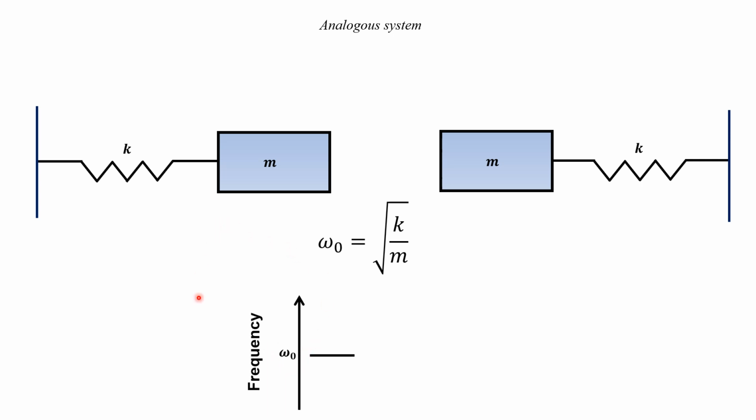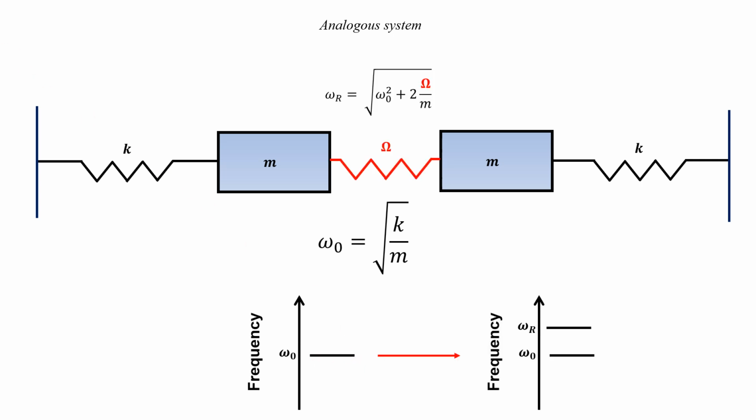Okay, so this is a representation of the modes of oscillation of the entire system. We have two modes of oscillation because this mass can oscillate and this mass can oscillate. But since they have the same resonance frequency, we can see only one line here, but there are actually two.